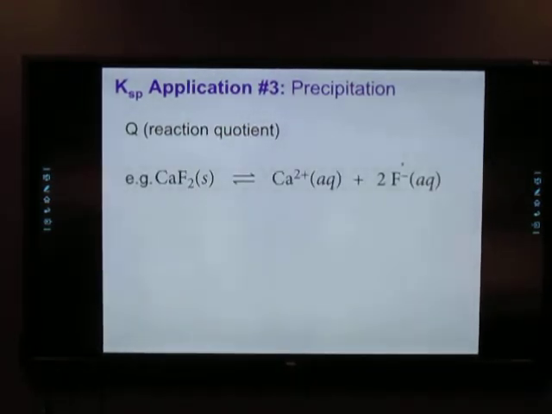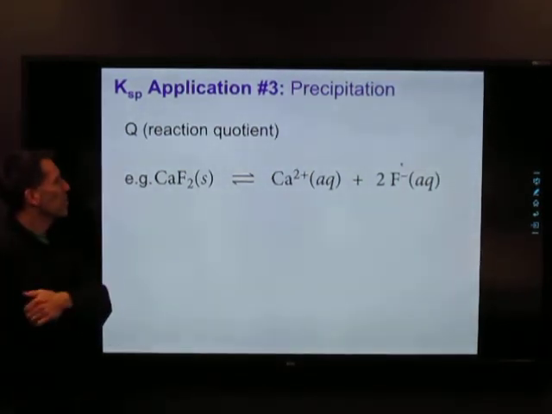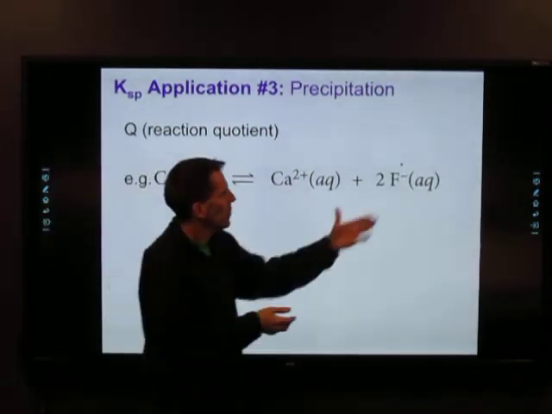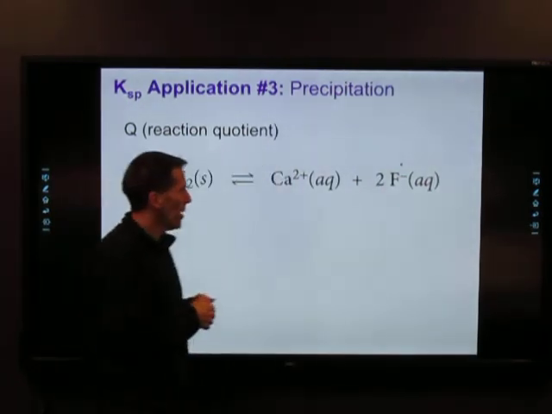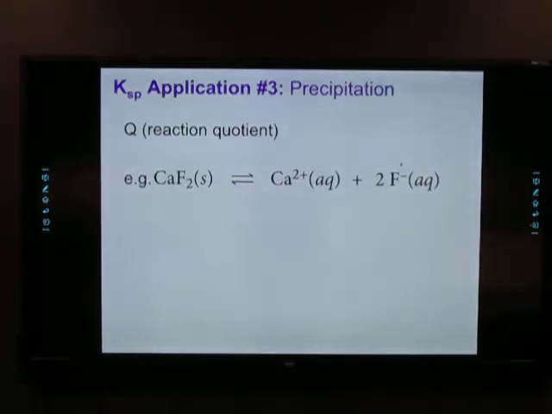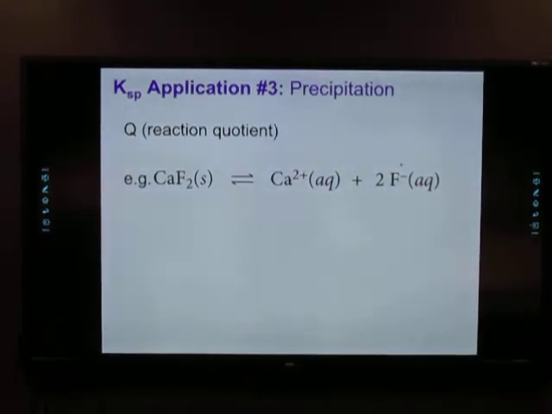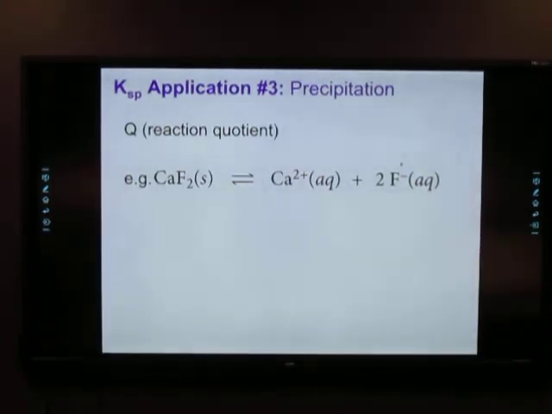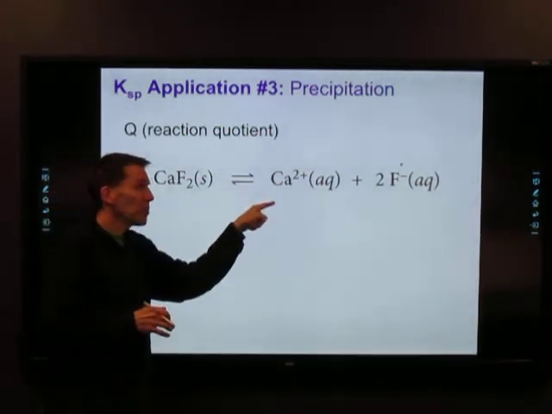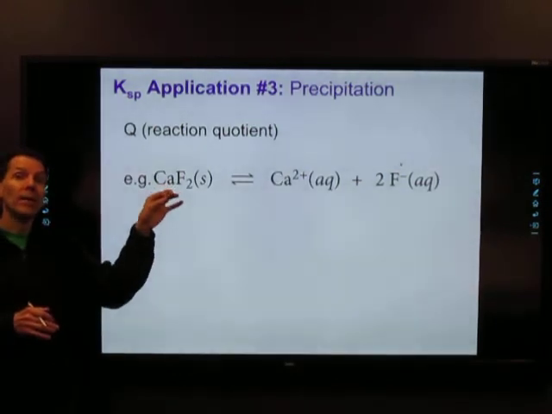So if we look at a reaction like this, the calcium fluoride reaction we've been seeing, where it makes the calcium ion and a couple of fluoride ions, the Q is calculated just like K, except that the concentrations may not be in equilibrium. And so the Q on this is going to be the calcium times the fluoride ion squared.